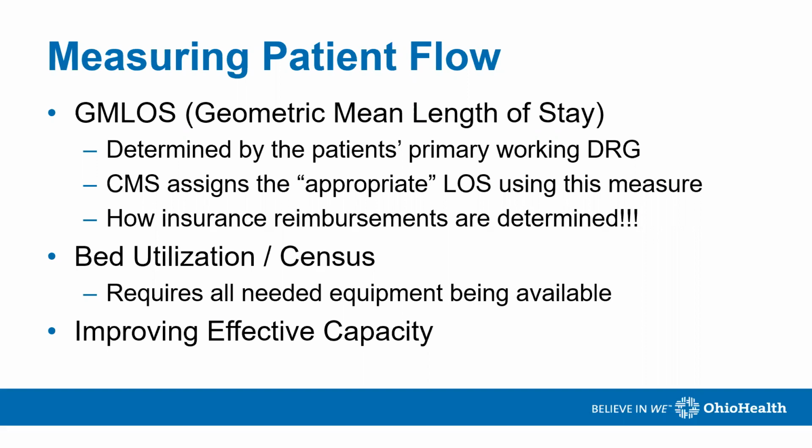Beds are out of service because the bed itself needs maintenance, because you don't have the staff to support it, or because there's not the rest of the equipment that's needed. You don't have a monitor. You've got a respiratory unit, or a COVID unit, or whatever else these days, and you don't have ventilators to support them.